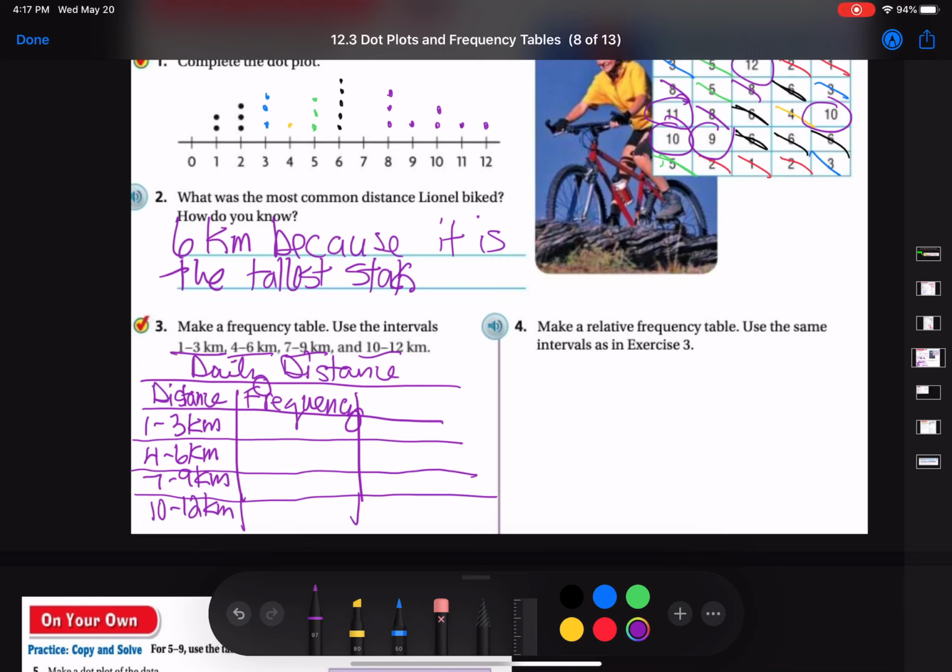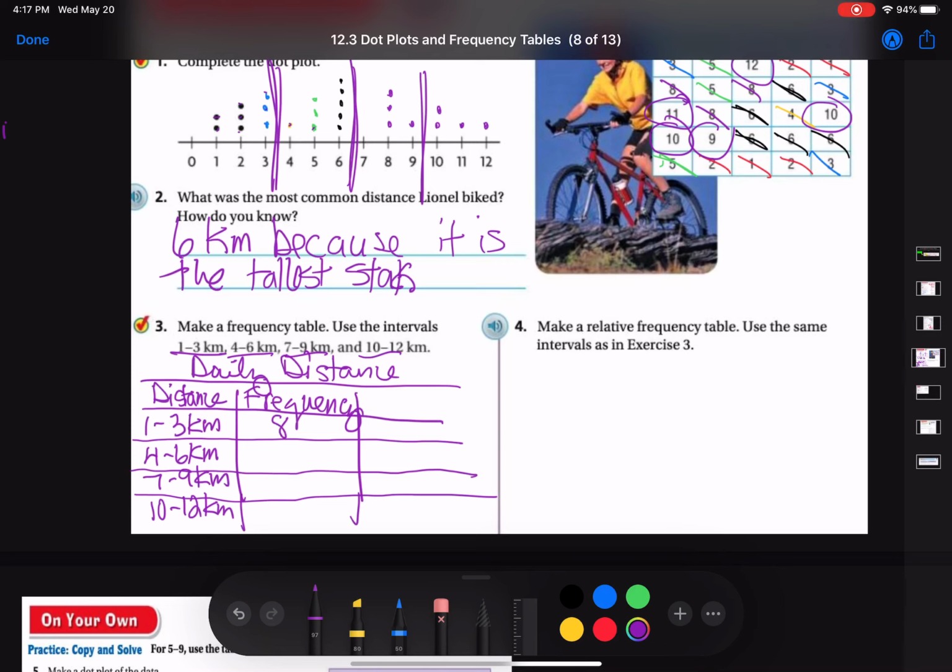Okay, so now we have to count up how many, and so you're going to come back up here to your dot plot and draw a line here, and then 4 to 6, and then 7 to 9, and then 10 to 12. So we're going to count up how many do we have between 1 and 3. So we have 1, 2, 3, 4, 5, 6, 7, 8. So you're going to put an 8 there. And then you're going to do 4 to 6.